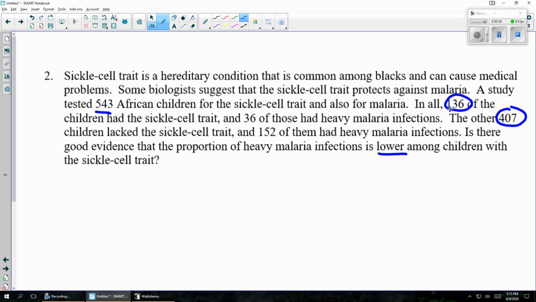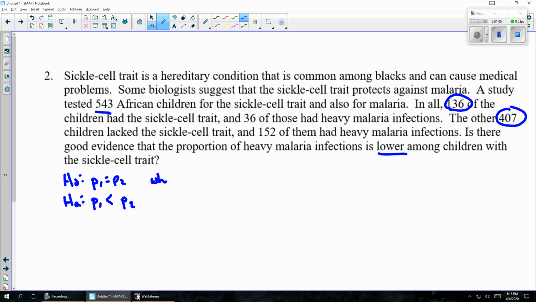So I'd like to start off with a hypothesis test. H0: p1 equals p2, and HA: the proportion of children with sickle cell who get malaria is less than the proportion of children without sickle cell who get malaria.